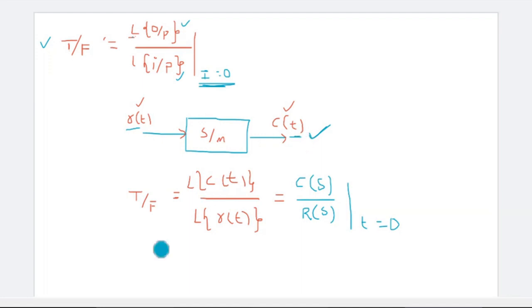While forming the transfer function, it is equal to the Laplace transform of C of t, that is output, to the Laplace transform of input. Here C of t is the output in the time domain. By applying Laplace transform, we get the output in the frequency domain, that is S domain, that is C of S as well as R of S. Here also we consider initial conditions are 0. Isma, is it clear?